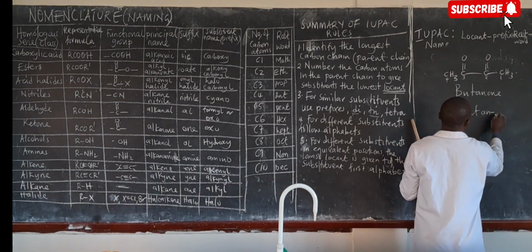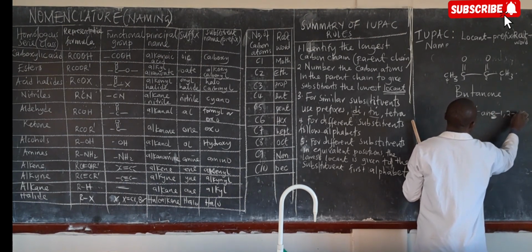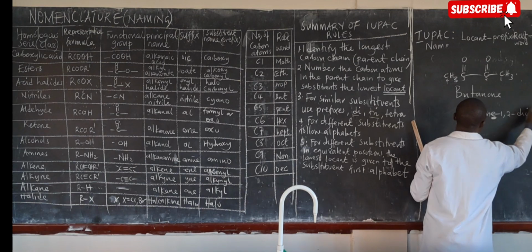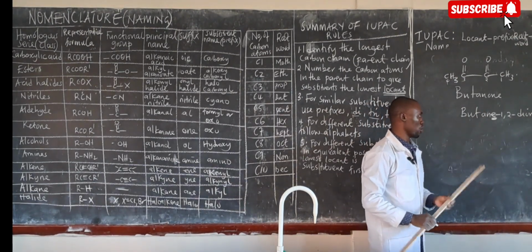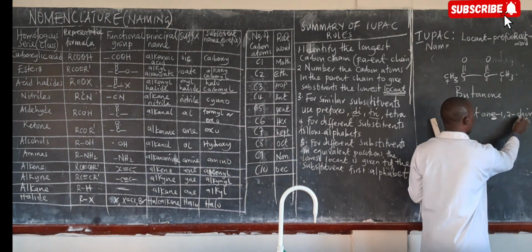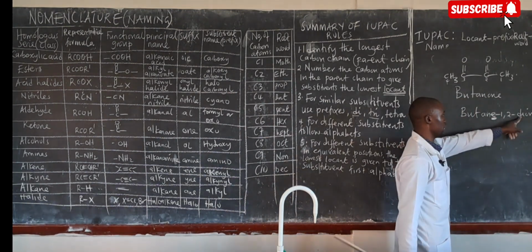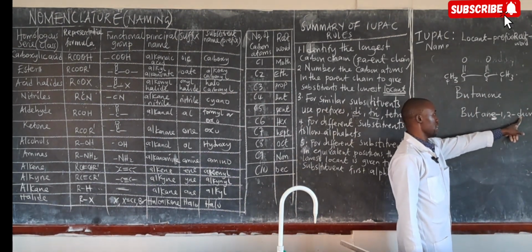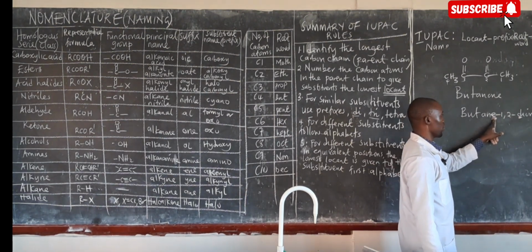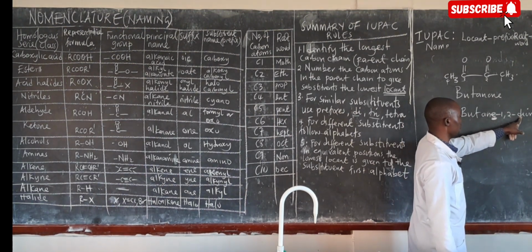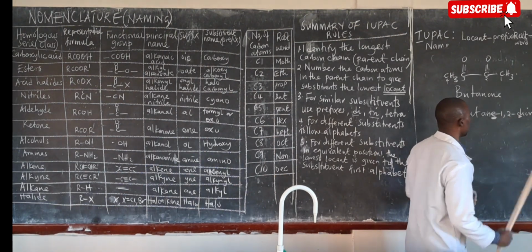So this is butane-1,2-dione. We keep the E in butane because the next letter, d, is a consonant. If it were a vowel, the E would be removed, but if it's not, then we maintain this E here.